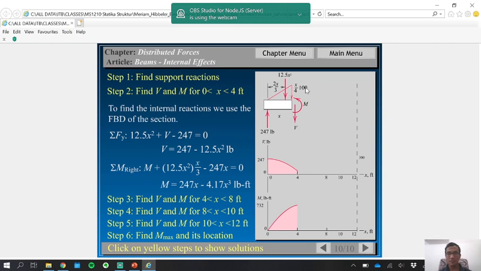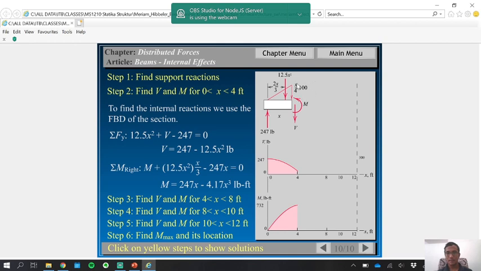It depends on x: when x gets bigger, the distributed force gets bigger as well. If x equal to 4 feet, the distributed force will be equal to 100 lbf. So that's why this equation is correct.